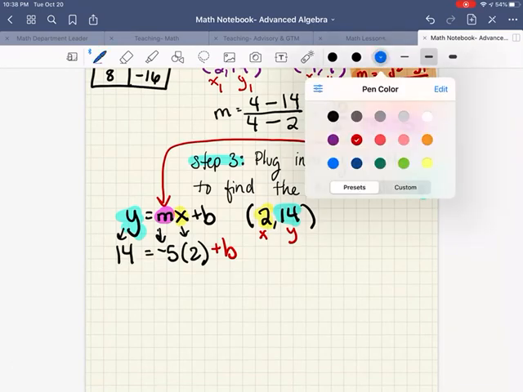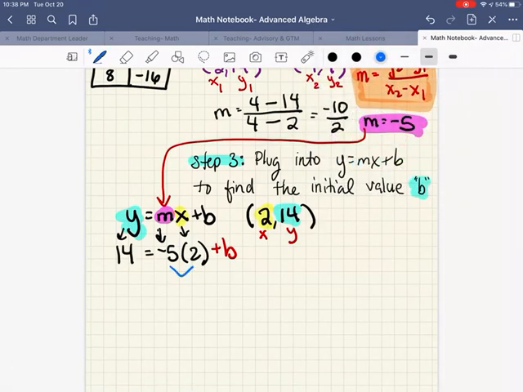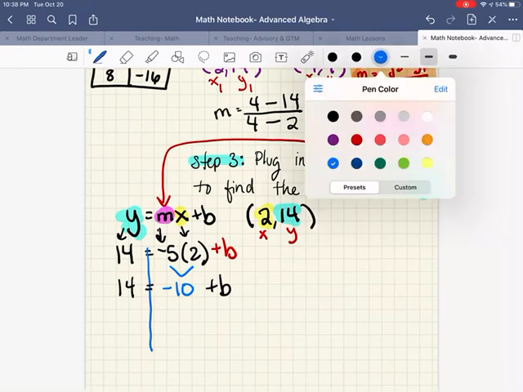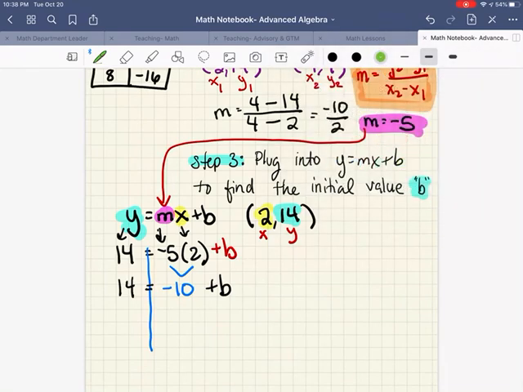Now you just solve it like an equation. I make my wall where my equal sign is. I multiply -5 times 2, that's -10. Bring everything else down. I have to get b by itself. Since the -10 is being added or subtracted, I use addition or subtraction to cancel it out. I'm going to use addition because that's the opposite of subtraction.